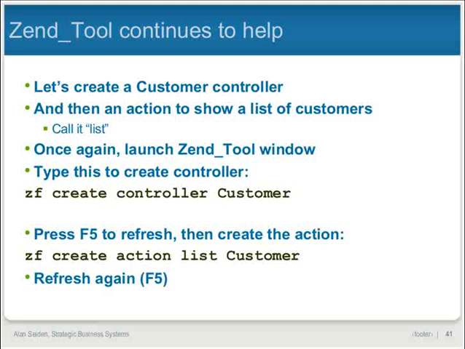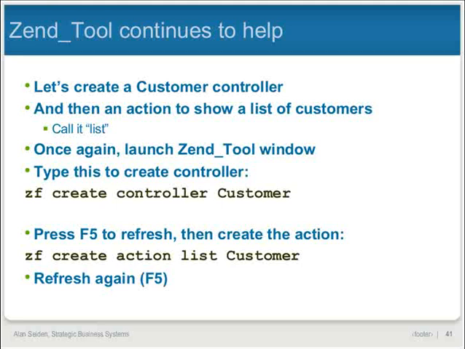So how you do it is you launch the Zend Tool window, and you do zf create controller customer, and that will create the controller called customer. Actually, I left something out. I'm going to send something else to you. For that, you need to do this. I just sent something else to all participants.